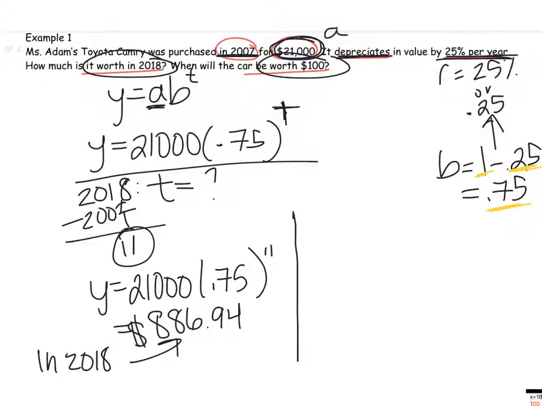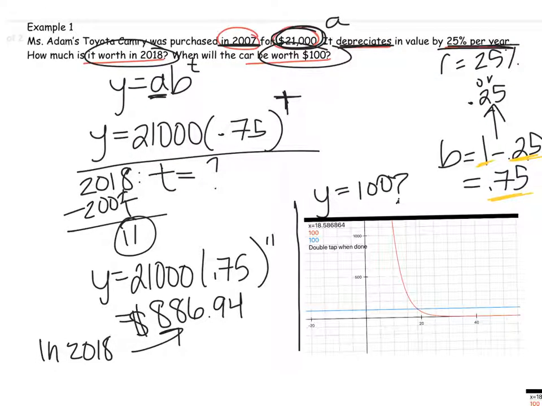The second part of the question asks me, when will the car be worth $100? And that I'm going to have to use my graphing calculator because I want to know, when does y equal 100? If I graph my original equation in y1, and I graph 100 for y2, I can find that intersection point right here.